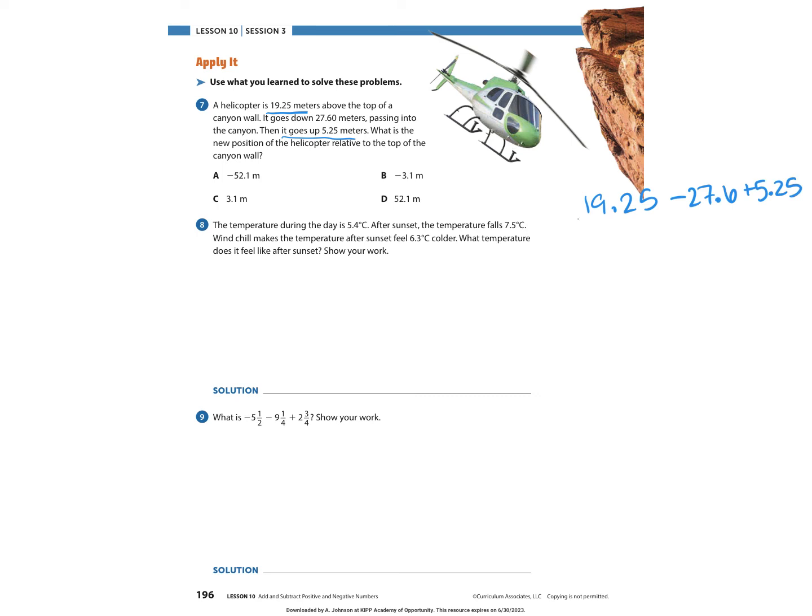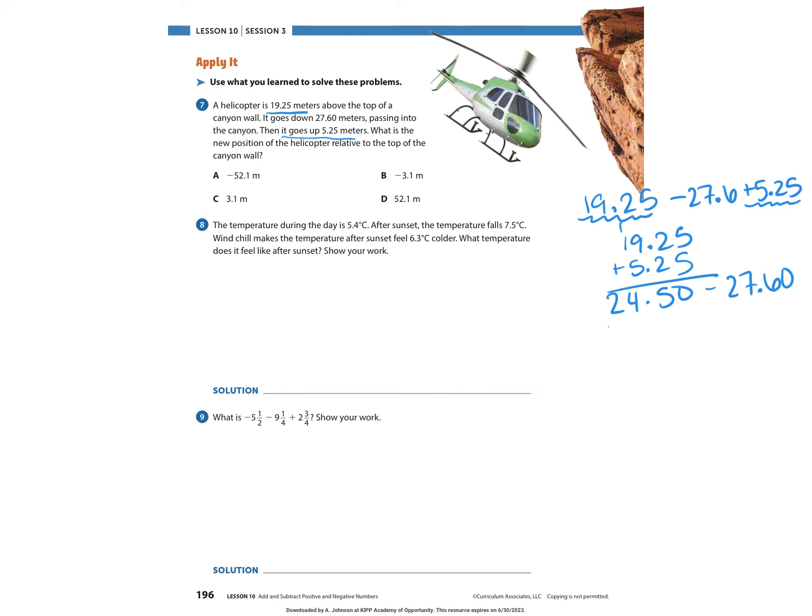So this time I'm going to put my positives together first. I don't have two negatives, I have two positives. So I'm going to do 19.25 plus 5.25. That's 50. 9 plus 5 is 14. So I have 24.5 positives, and I still have this 27.6 negative.